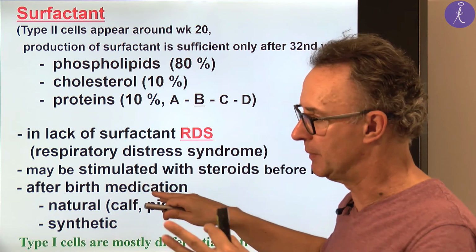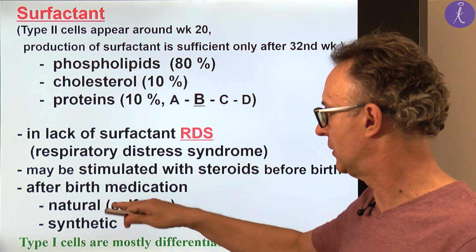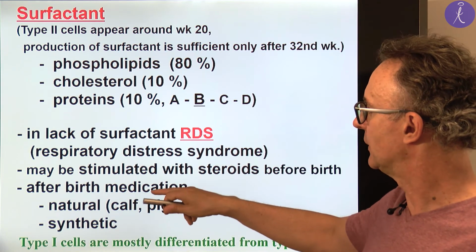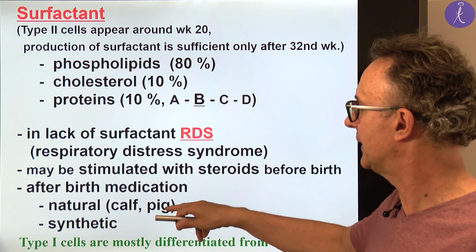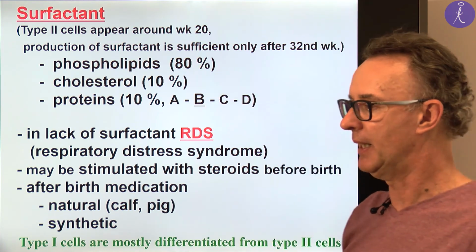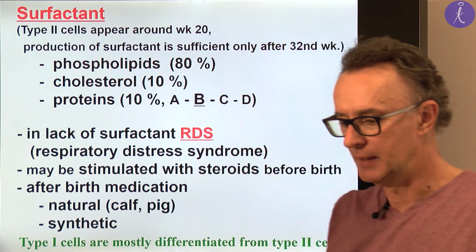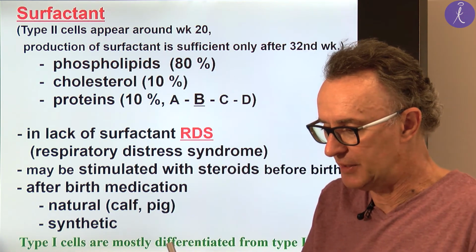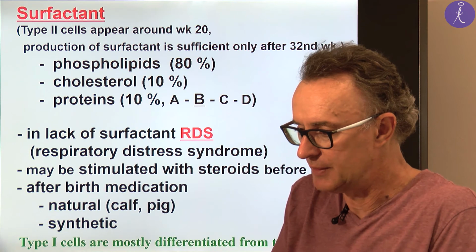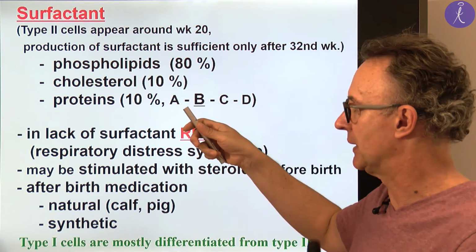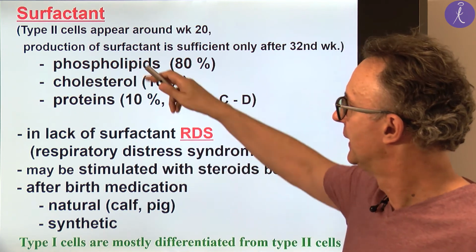After the birth, we may add some natural or synthetic components of the surfactant, which may help to reduce the surface tension, because that is the problem at the end of the expiration. When we don't have enough surfactant, the surface tension is high to stick the alveolus wall together, and we are not able to reopen it anymore.